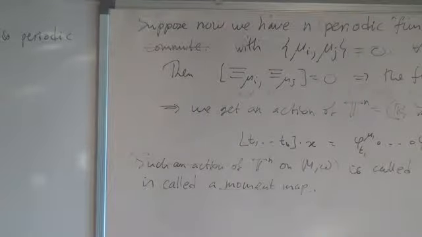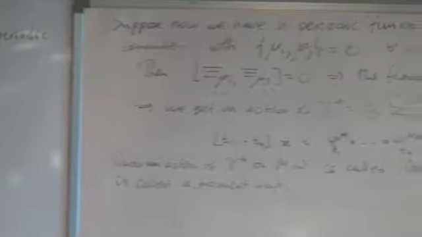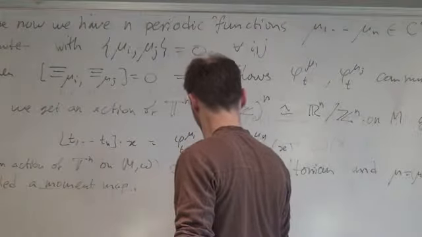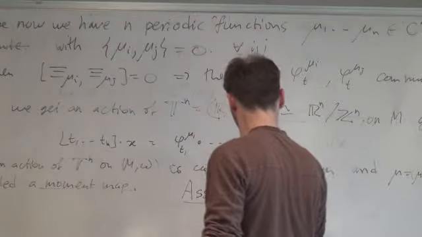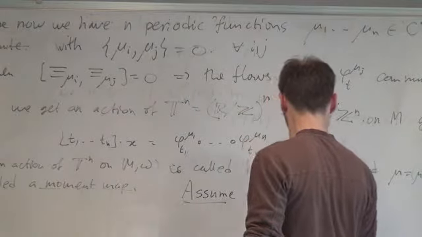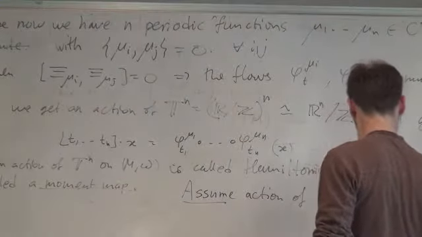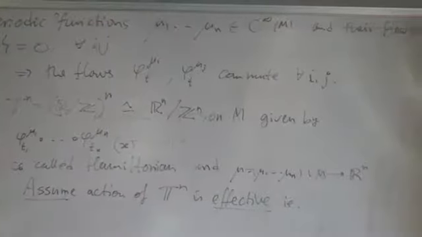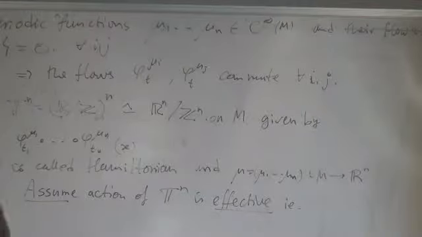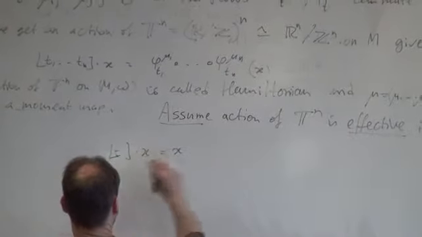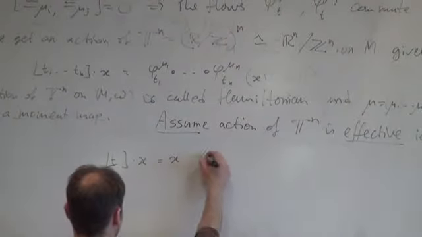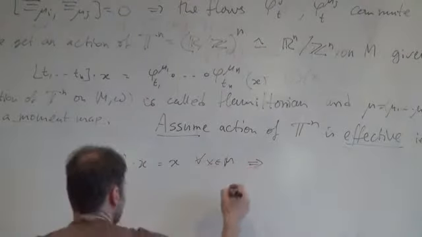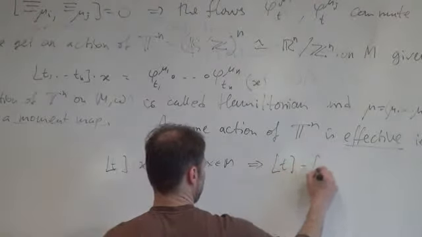All right. I'm going to make an assumption that the action of my torus is effective, i.e., if some time t fixes all x's, then this is the class of 0.